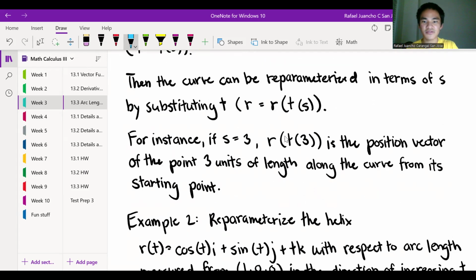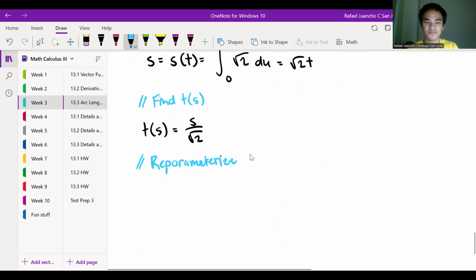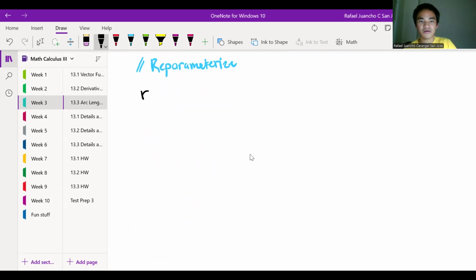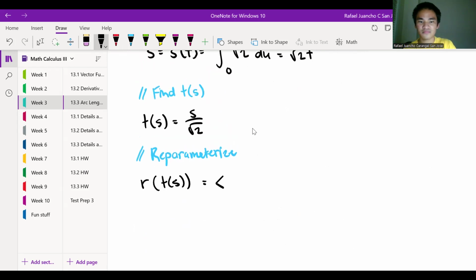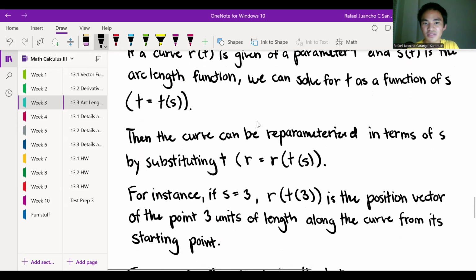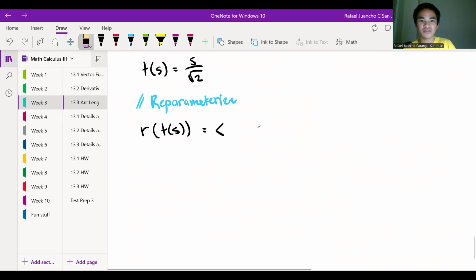I use my R of t of s, and I should get a new position vector.